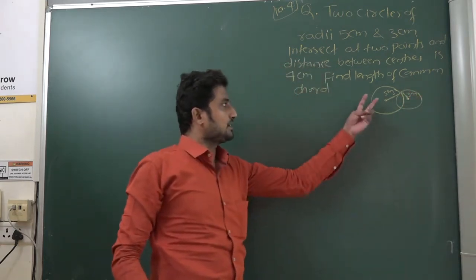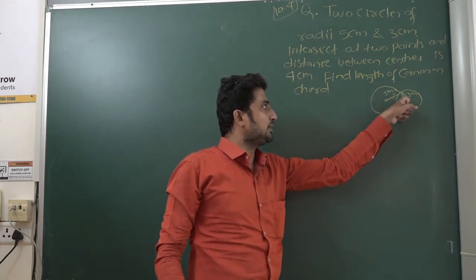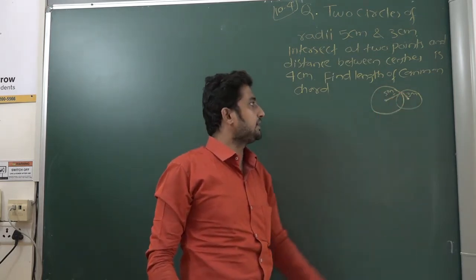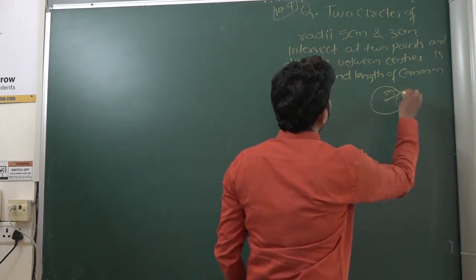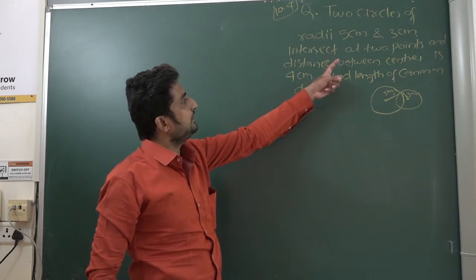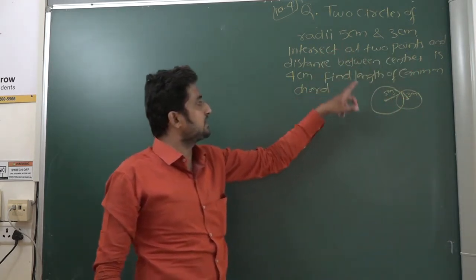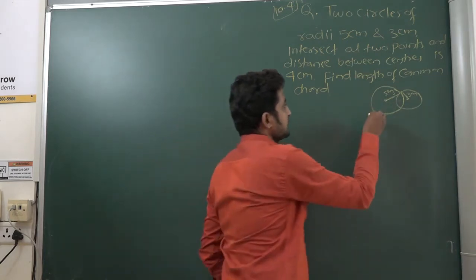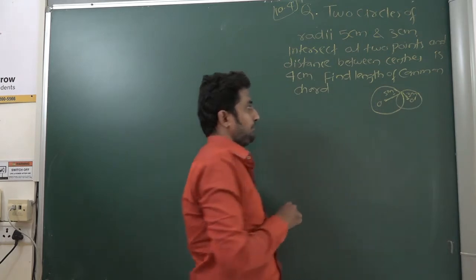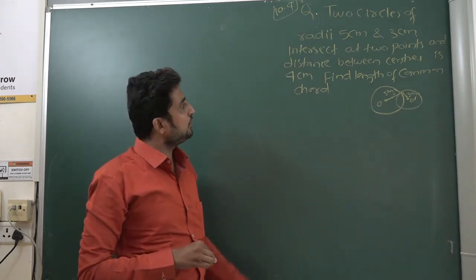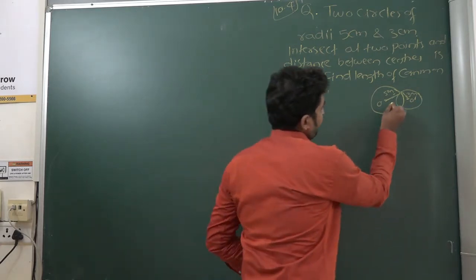Let us consider this one with center O and this one with center O dash. The distance between them is 4 cm.